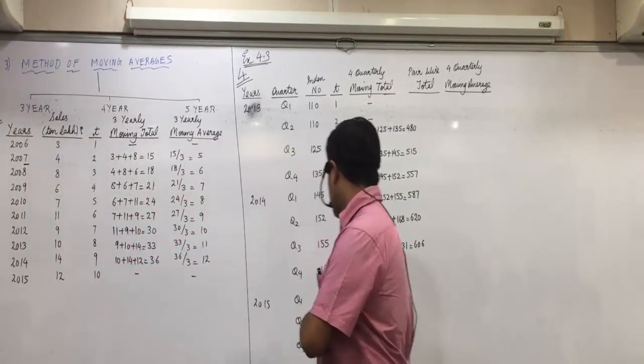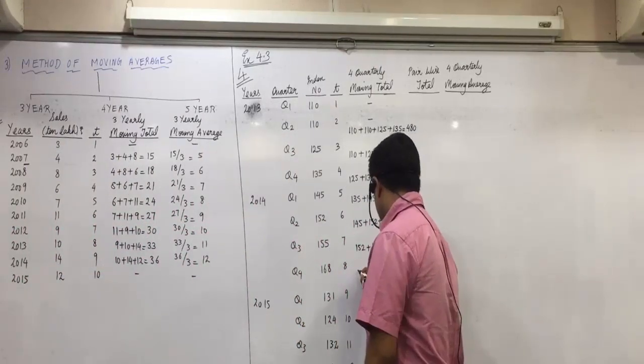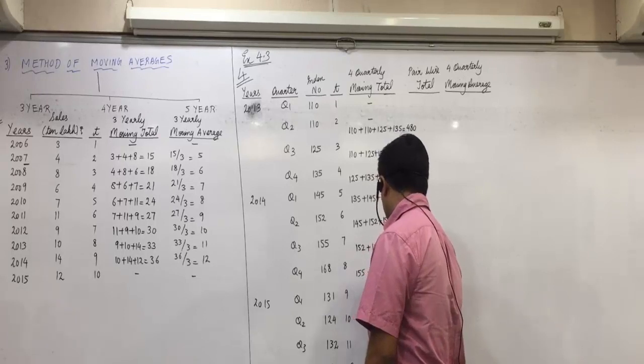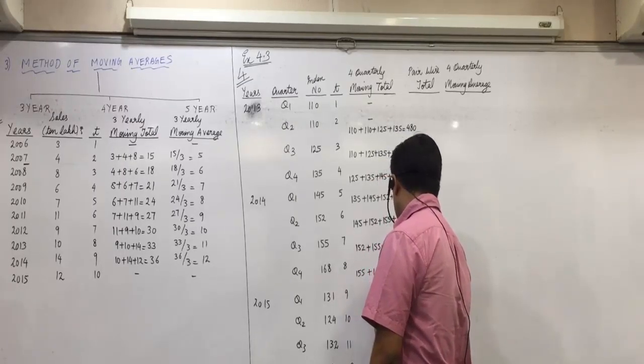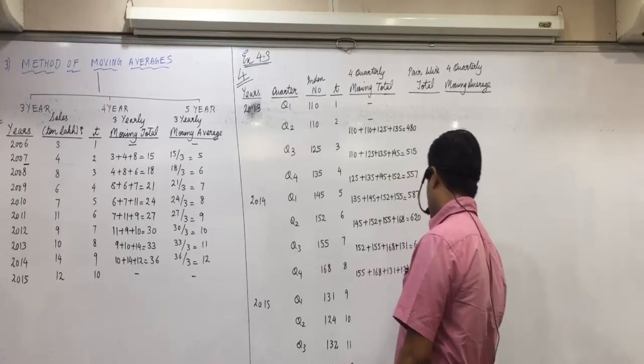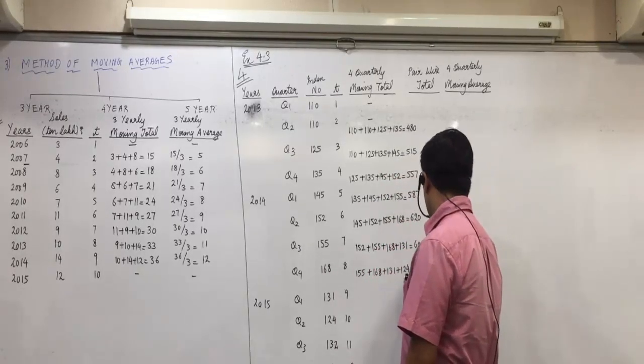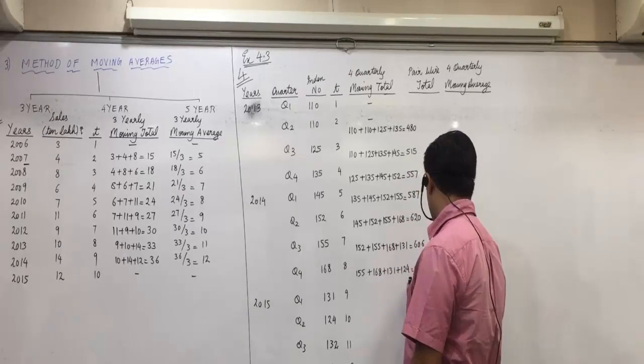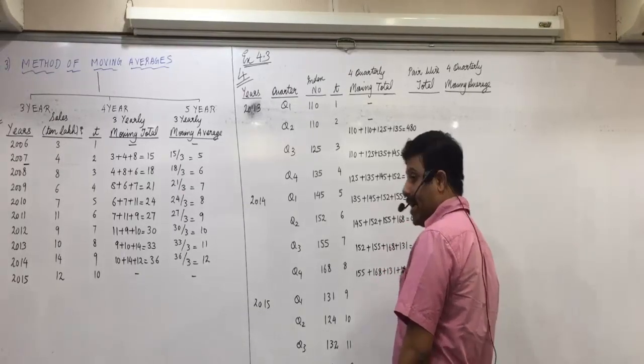Then Tejaswini: 155 plus 168 plus 131 plus 124 is 578.